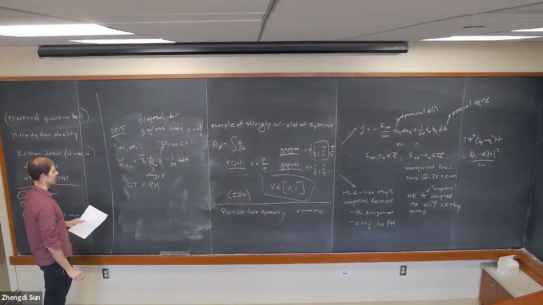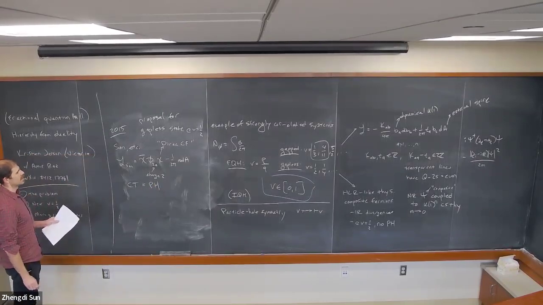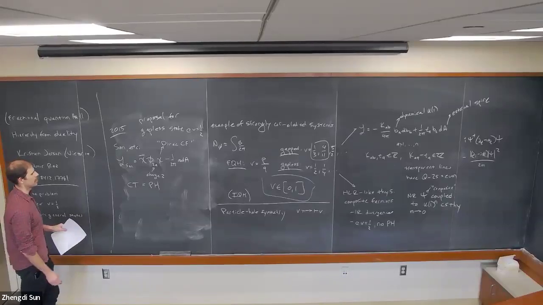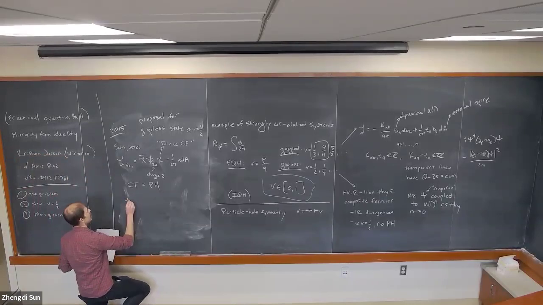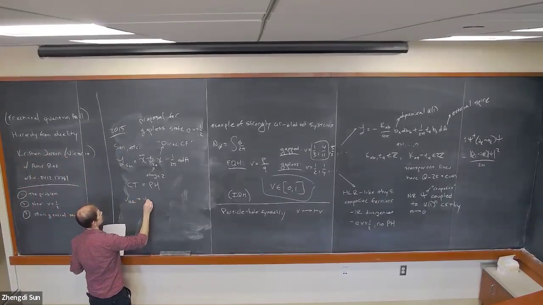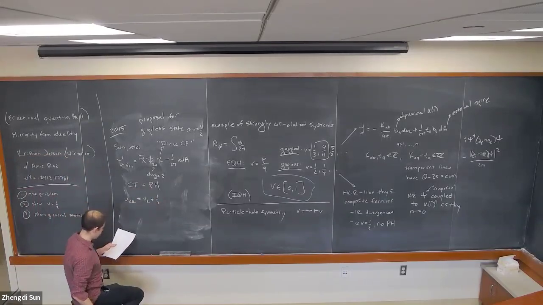In order to make that work, there's a dictionary that you need to follow to go from this theory to a prediction for filling fractions of non-relativistic states. The filling fraction of the non-relativistic state is that coming from this relativistic model plus a half.